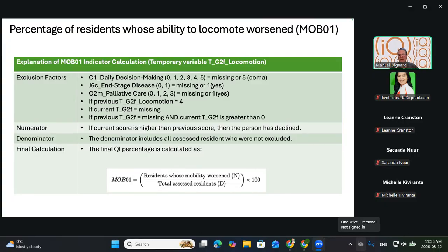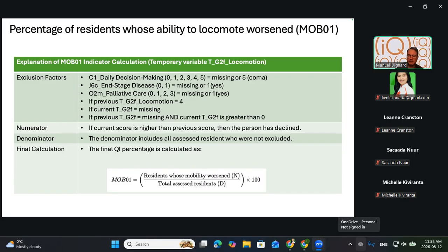So this one here, okay, it measures a functional decline in mobility, specifically tracking those residents whose ability to locomote has worsened since the previous assessment, right? Again, the mirror image of the improved one.